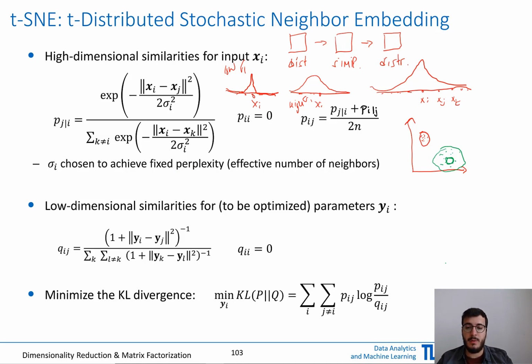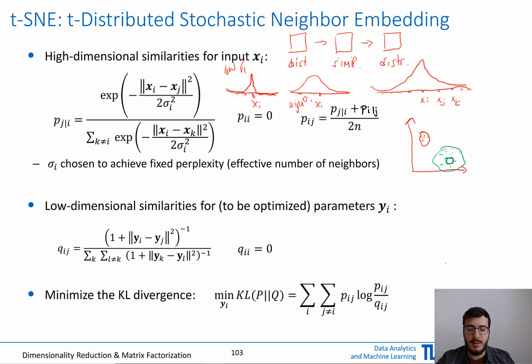Okay, so what we have for now is a matrix of pairwise distances computed in high dimensional space between each of the data points. We can plug in these distances into this function to get similarities. But what we actually wanted is to get a distribution over all possible pairs i and j. So the next thing we do is some normalization in order to get the distribution.